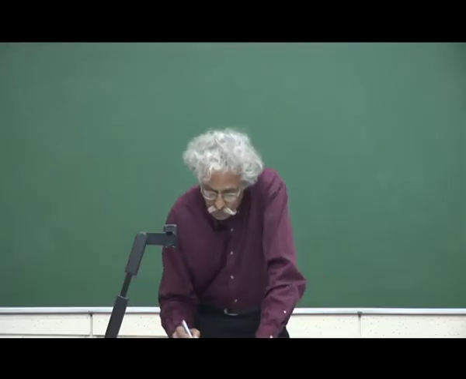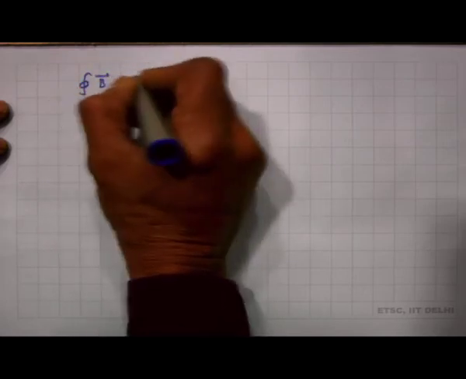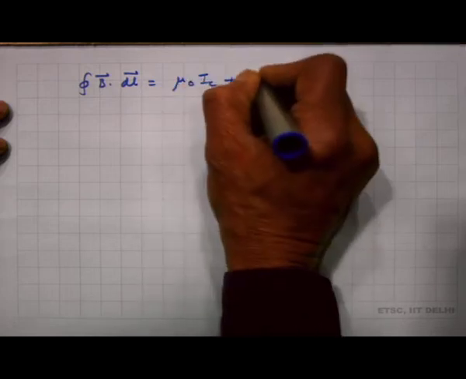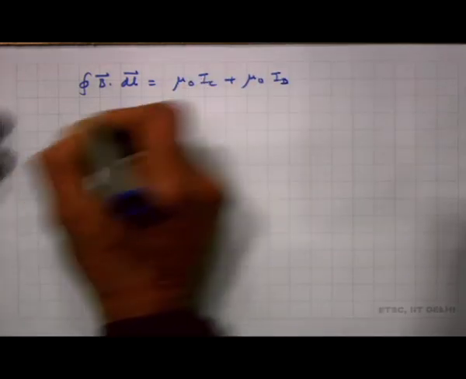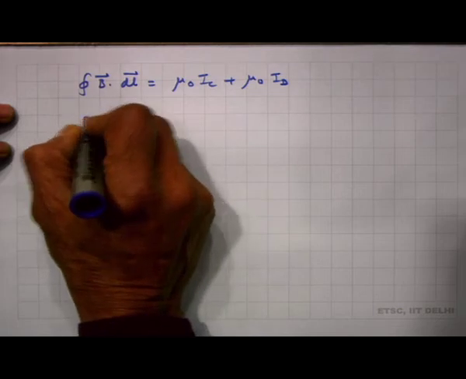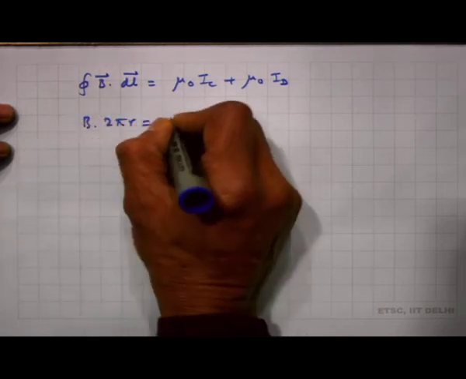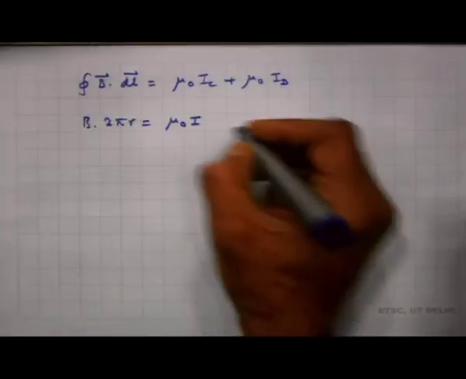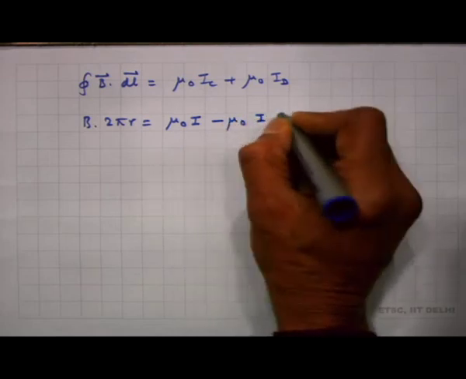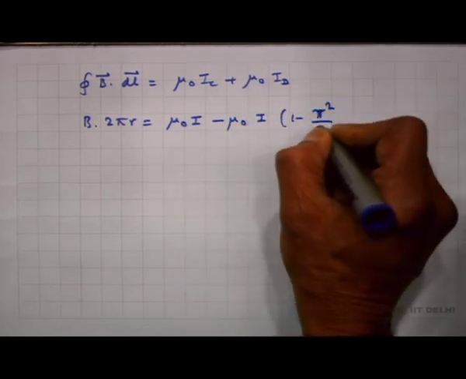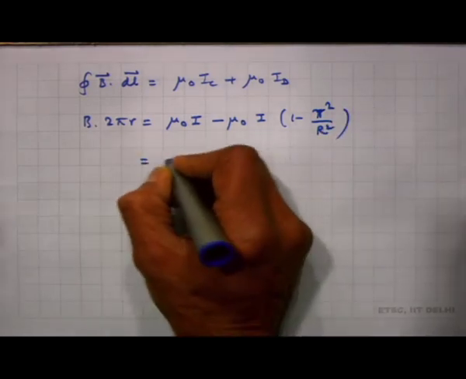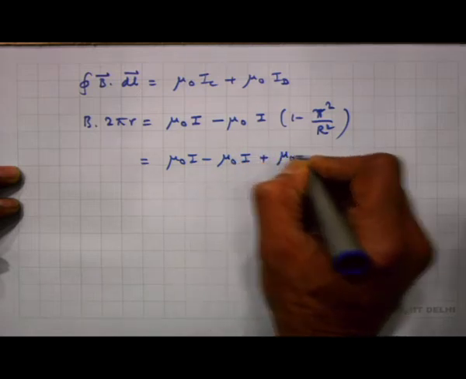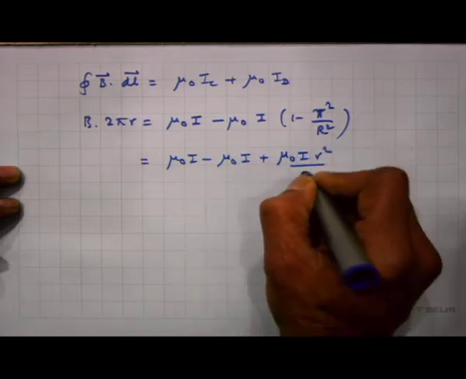If I now use Ampere's law, B dot dl is equal to mu 0 times I conduction plus mu 0 times I displacement, and so B into 2 pi r is equal to mu naught I. Now, that was the conduction current, and the displacement current is this thing: minus mu naught I into 1 minus r square by capital R square, which is equal to mu naught I minus mu naught I plus mu naught I times r square by capital R square.